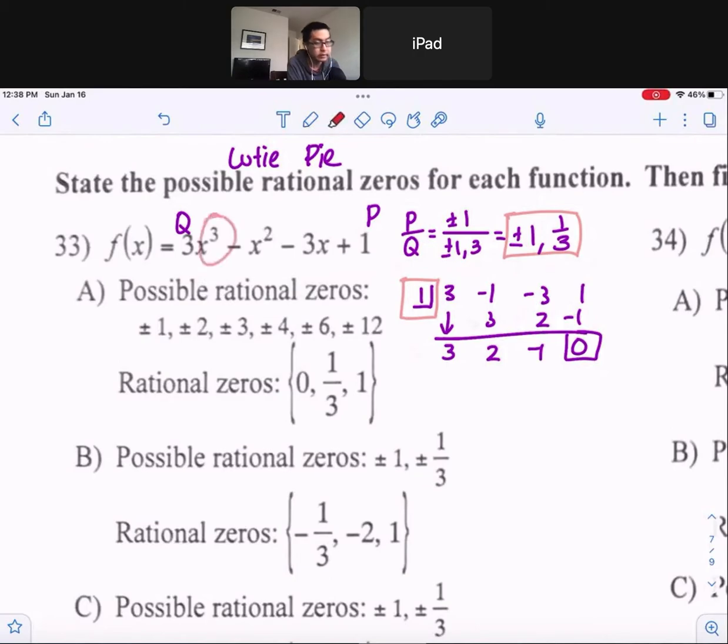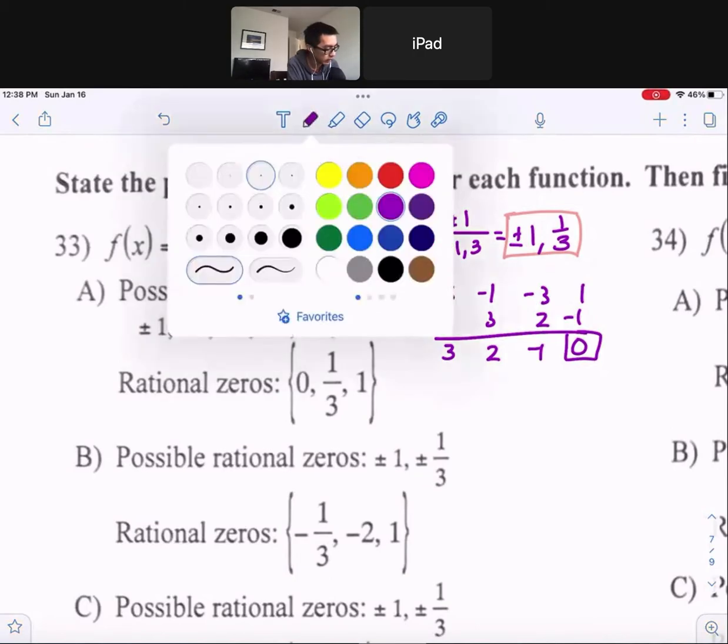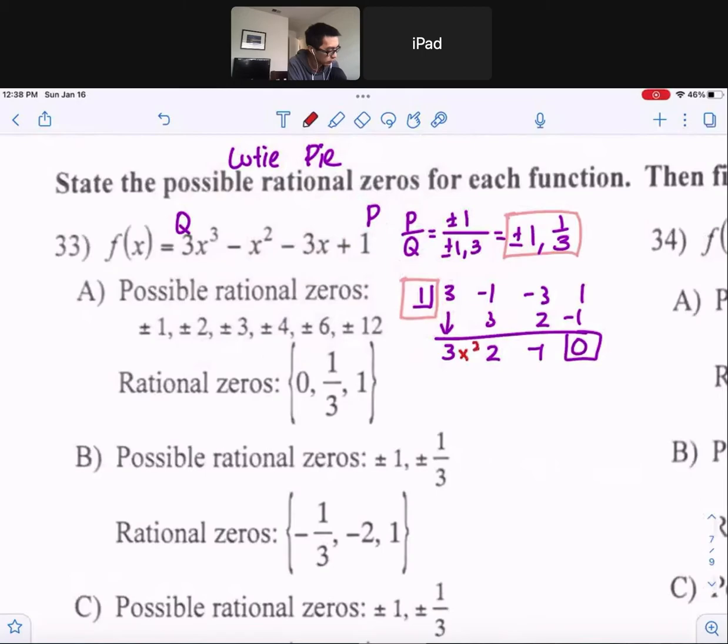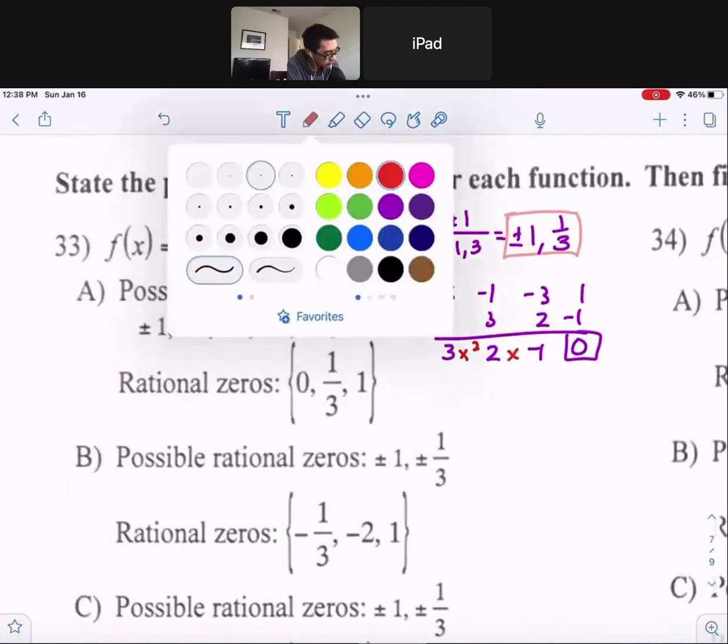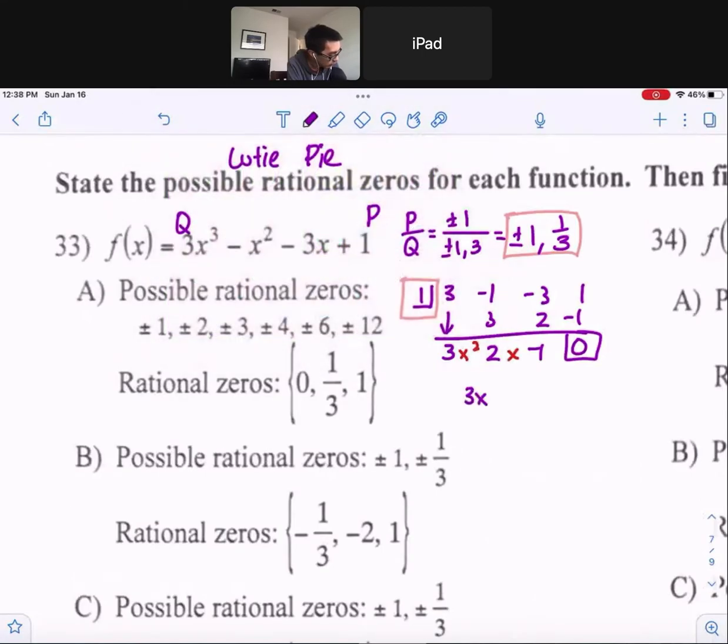Now remember, because this is a degree of 3, that automatically makes this a degree of 2, one less degree. So we have this trinomial now, but this is something you can certainly factor as well. What two numbers multiply to negative 3 but when you add give you 2?